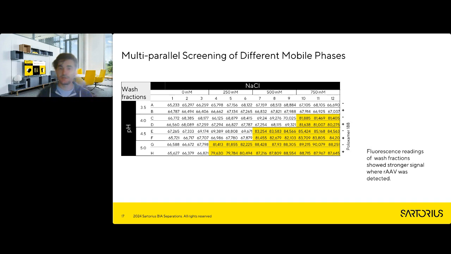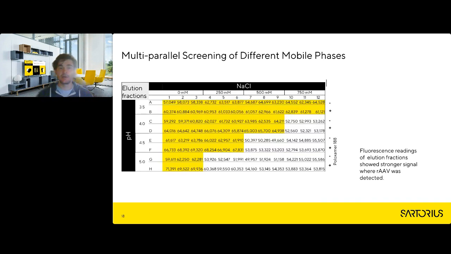When we looked at the elution step of AAVs, we saw here also that the higher the reading, the higher the concentration of AAV. Here, the AAV bound to the column, but they had different titers and also different impurity profiles.